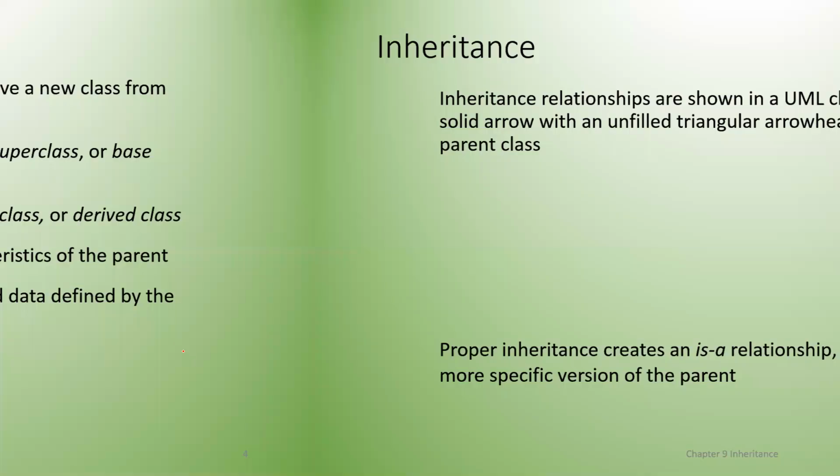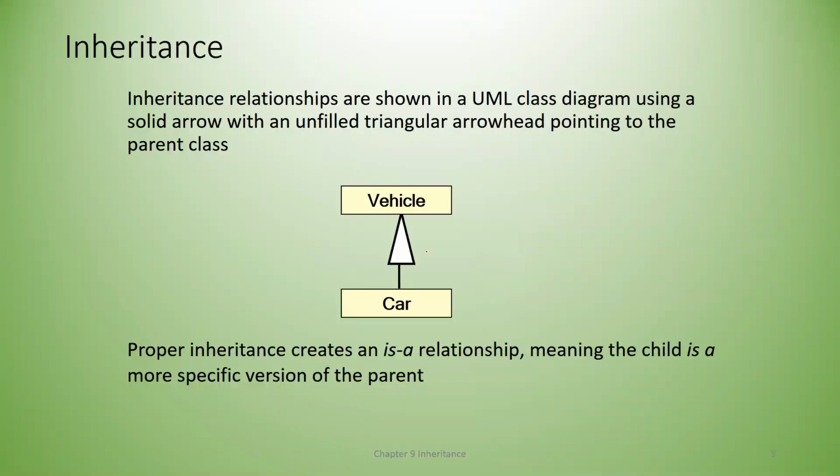Okay. So let's look at this example. This is a vehicle. If you think about it, a vehicle is a general concept, right? And what else can be a vehicle? A car can be a vehicle. A truck can be a vehicle, right? An SUV can be a vehicle.